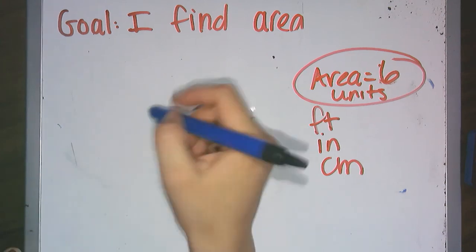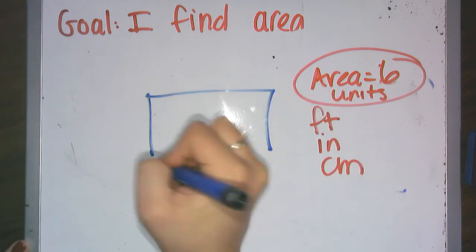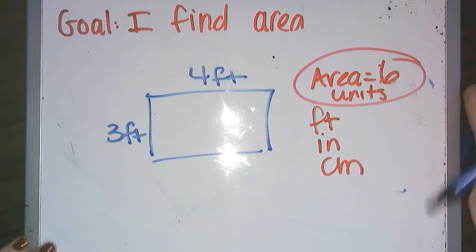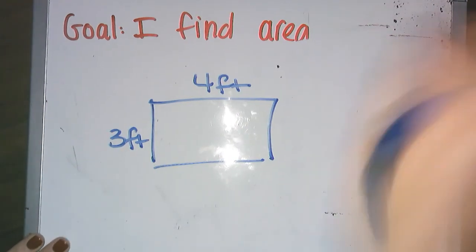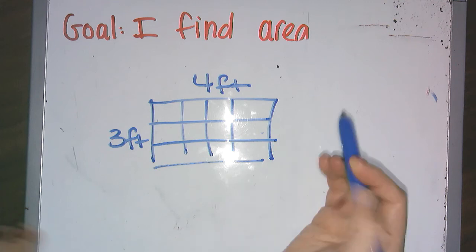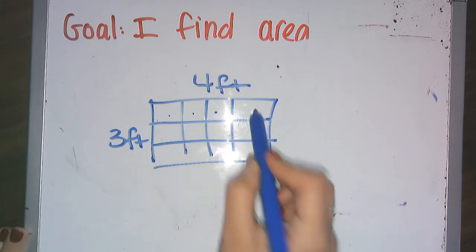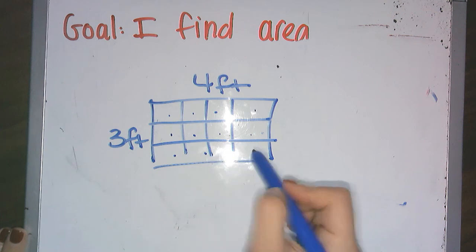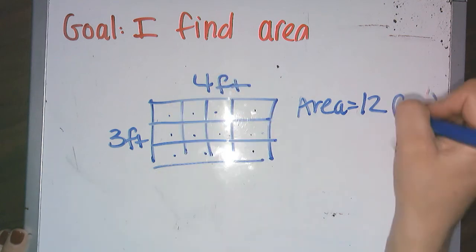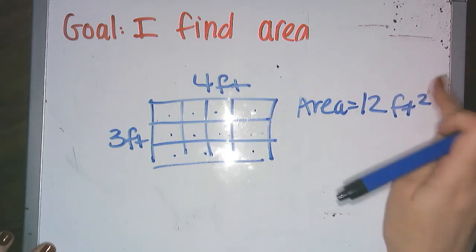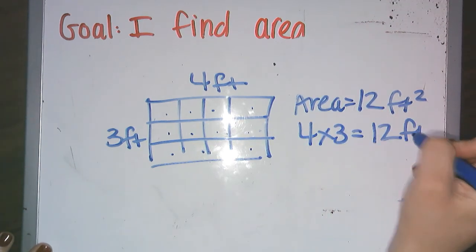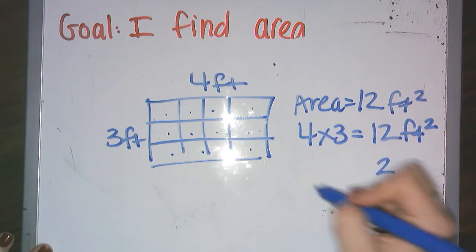So if we had a shape like this, and it is saying 4 feet by 3 feet, we could think about that as 1, 2, 3, 4 this way, and then 1, 2, 3. So 1, 2, 3, 4, 5, 6, 7, 8, 9, 10, 11, 12. We have an area of 12, or like we talked about before, you can do 4 times 3, and that's going to equal 12. And because it's area, it's feet squared. So it's units squared.